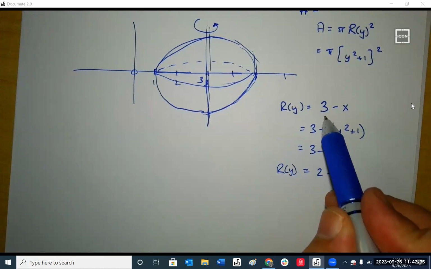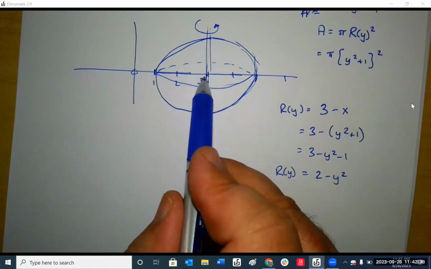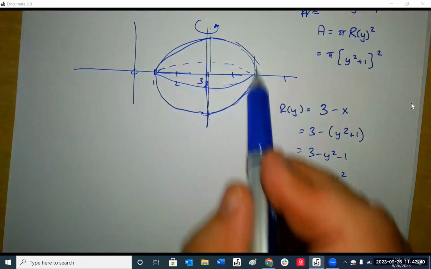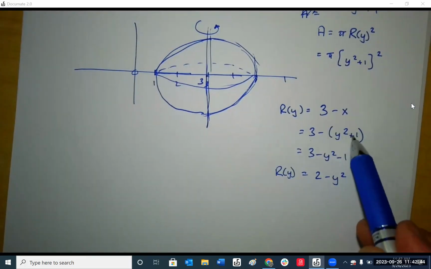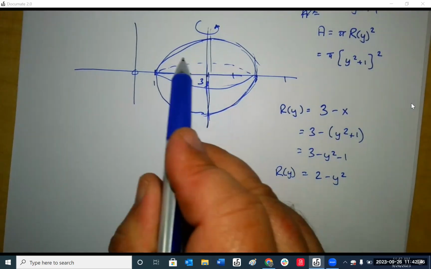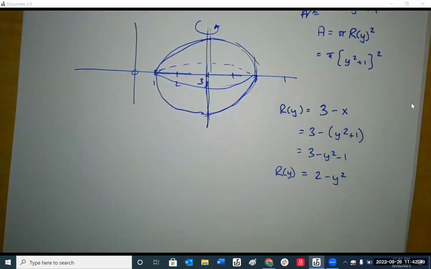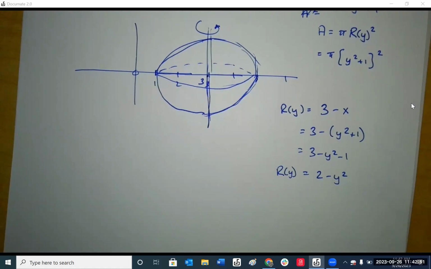So we shifted 3 right minus our function. So 3 minus this is going to give us each of these concentric circles horizontally.